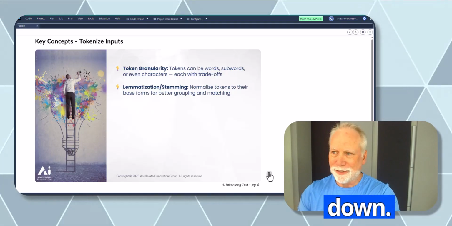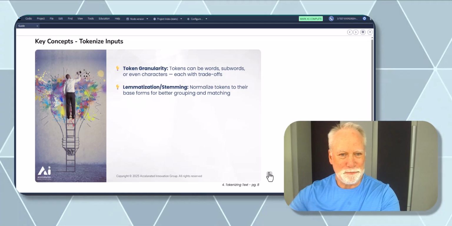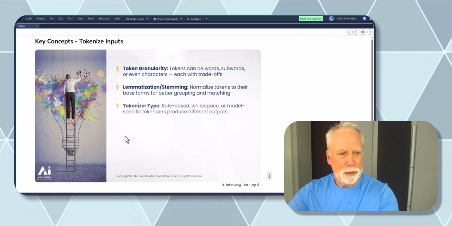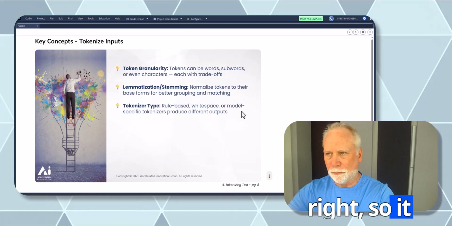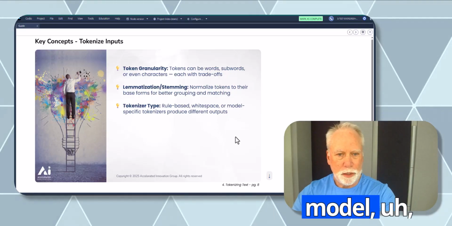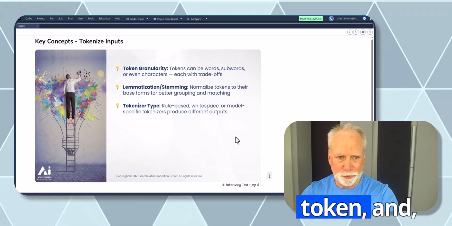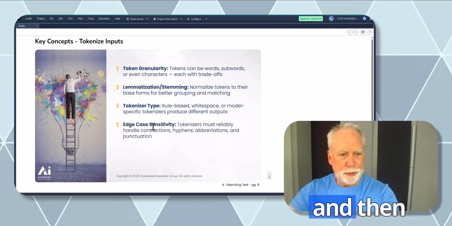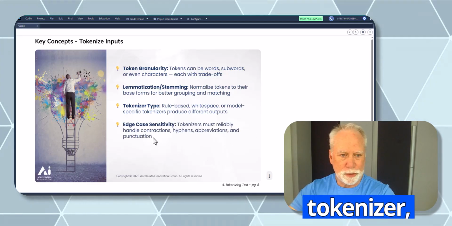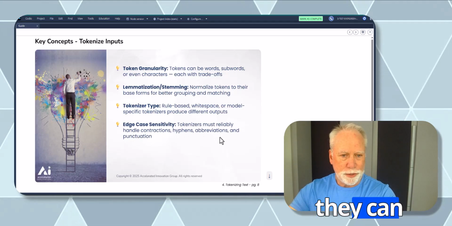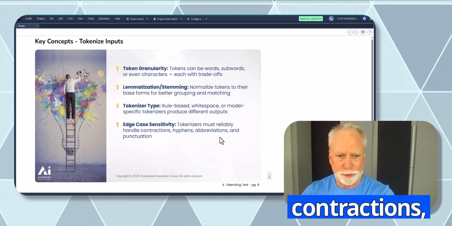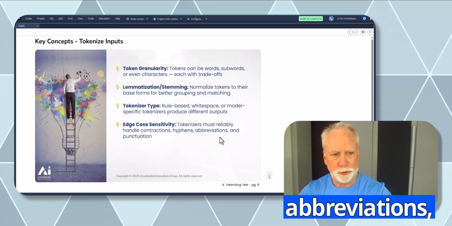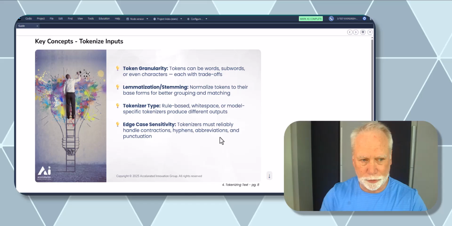Basically, again, take it down to its main form. And then the type: it could be rule-based, whitespace, or we have model-specific tokenizers, and we're going to talk about those. And then edge cases: the tokenizers can reliably handle contractions, hyphens, abbreviations, punctuation, and things like that.